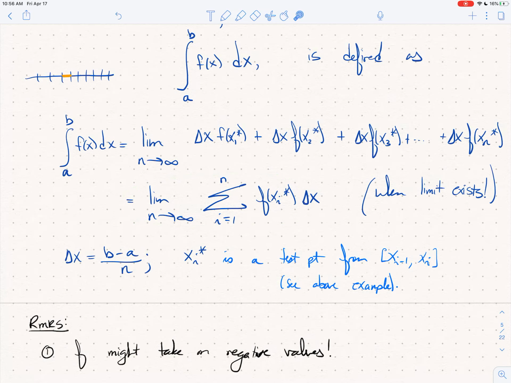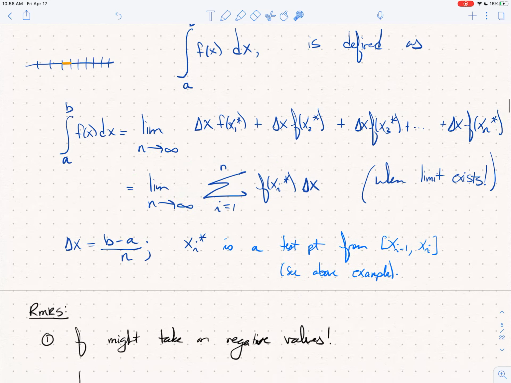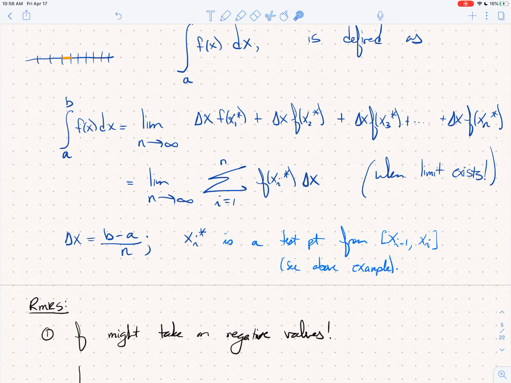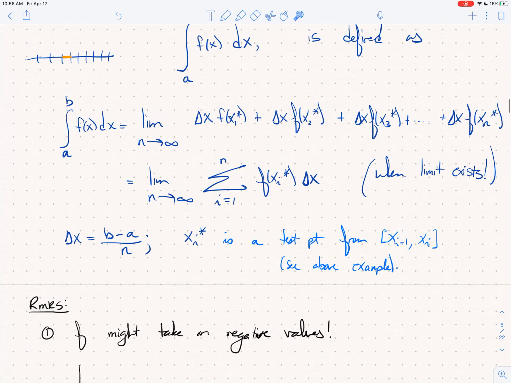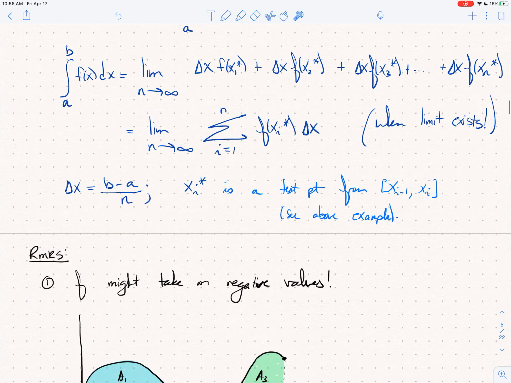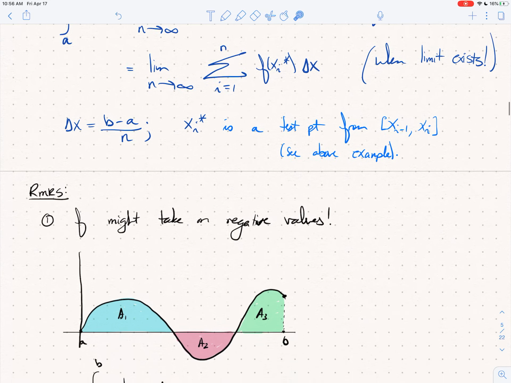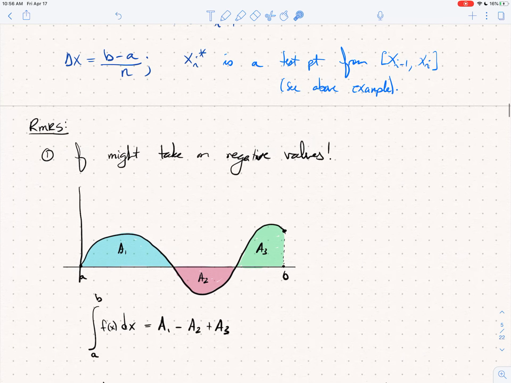Now, here's the deal. We really don't want to spend a lot of time working with this definition, so I want to give you the key takeaways here. Here's a series of remarks that are hopefully going to help. First remark: in general, your function might dip below the x-axis.